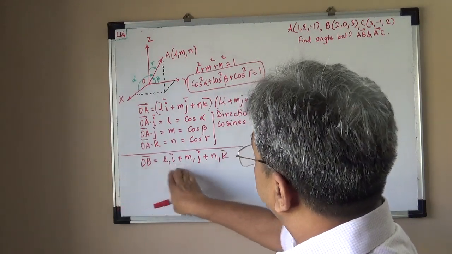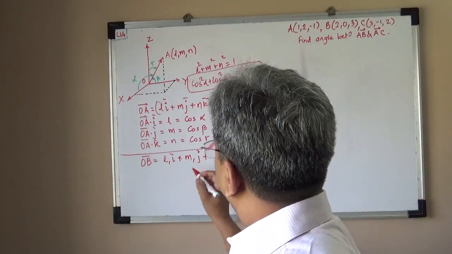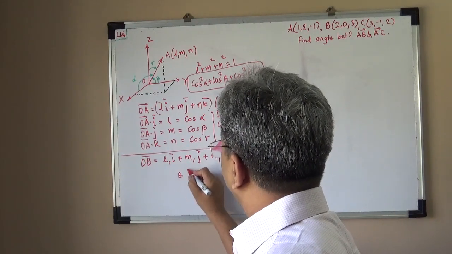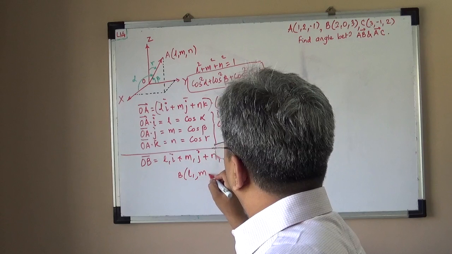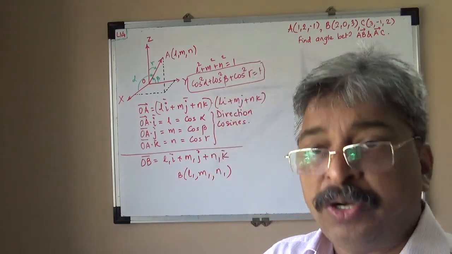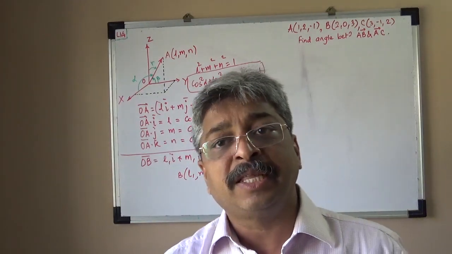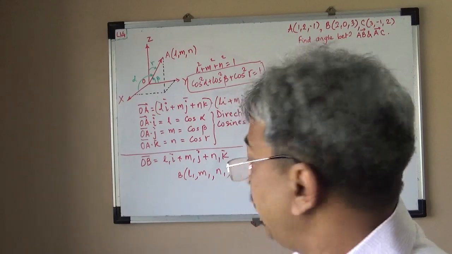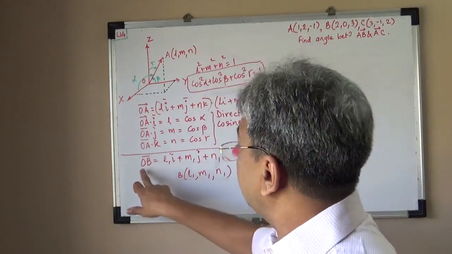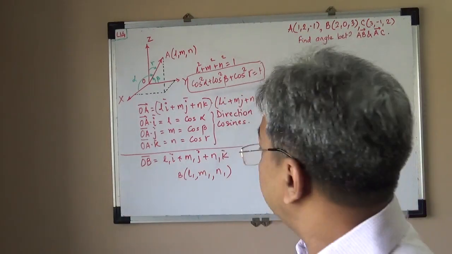So OB is any other vector, and now these L1, M1 and N1 are the coordinates of point B. What is B? B is (L1, M1, N1). If we really want to convert this OB into a unit vector, then we should divide them by radical L square plus M square plus N square, because the length of OB right now is root of L square plus M square plus N square.